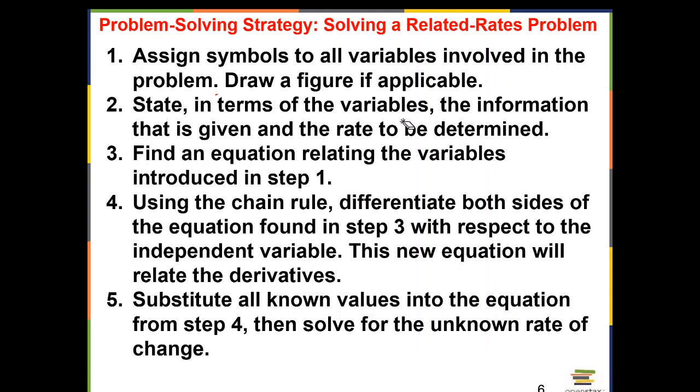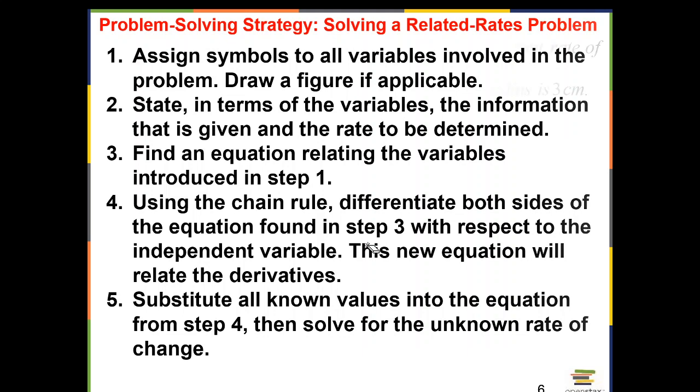State in terms of the variables the information that is given. So we have to understand what it is that we are supposed to find and write it down. And then we have to find a relationship between the variables. That means an equation that relates the variables. And then we take the derivative of both sides, we find the related rates equation, right?